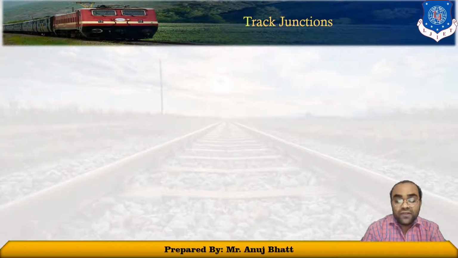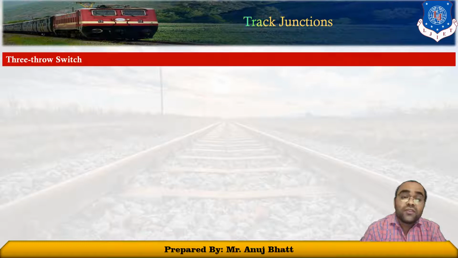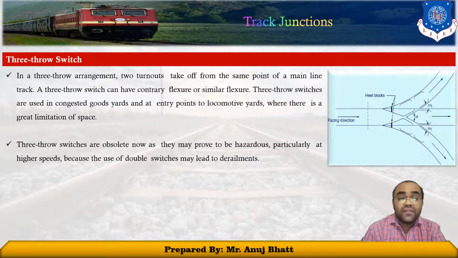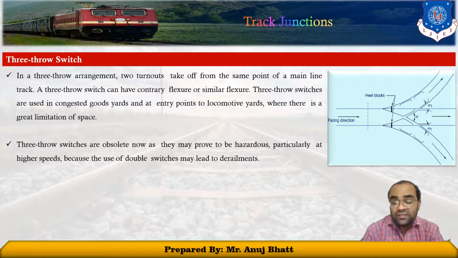Another track junction is the 3-throw switch. In this type of arrangement, two turnouts take off from the same point of the main line. This 3-throw switch can have contrary flexure or similar flexure.